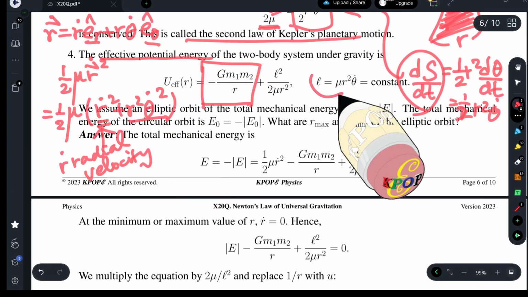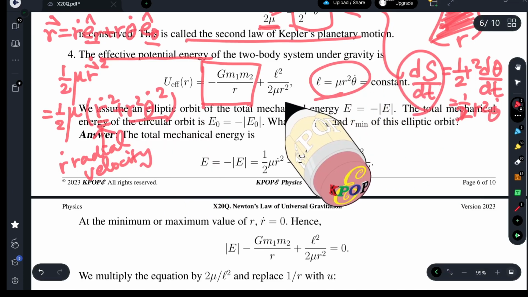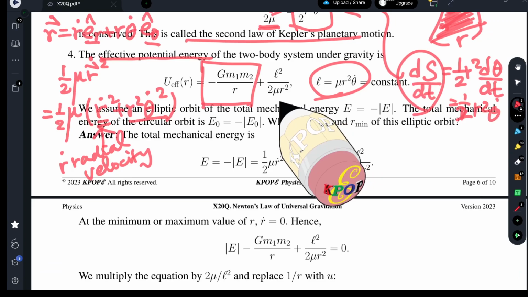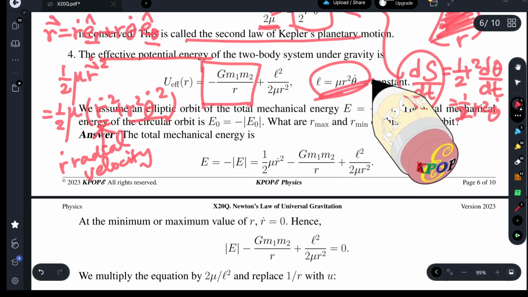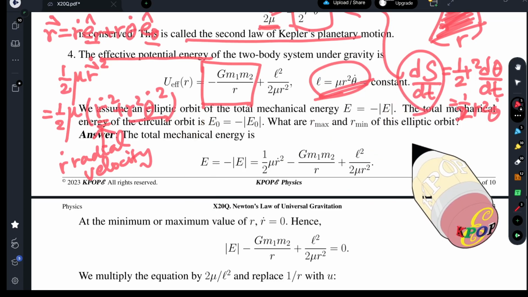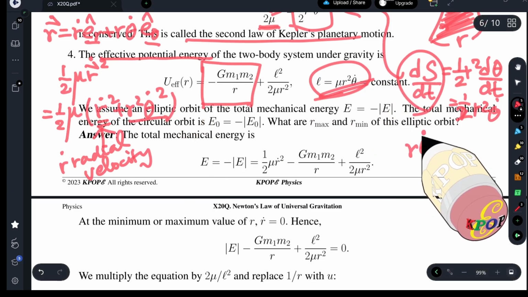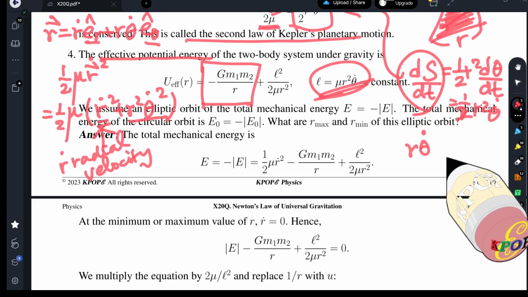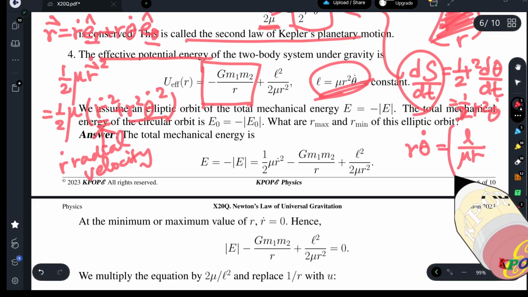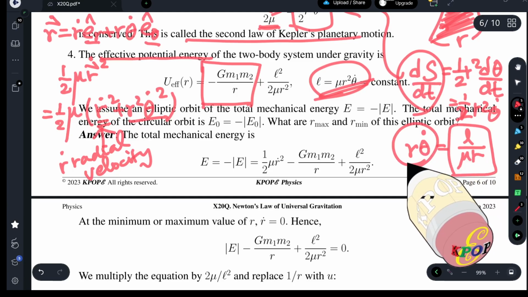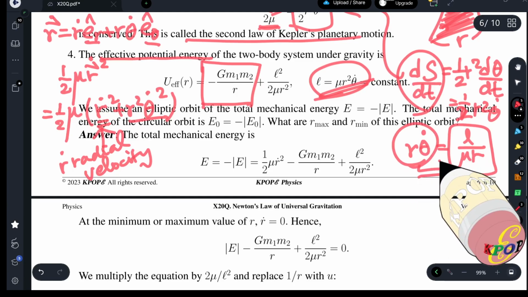And because we know the total orbital angular momentum of this two-body system is conserved, we can replace this one. r theta dot is the tangential velocity, that is L over mu r. And they are equivalent.